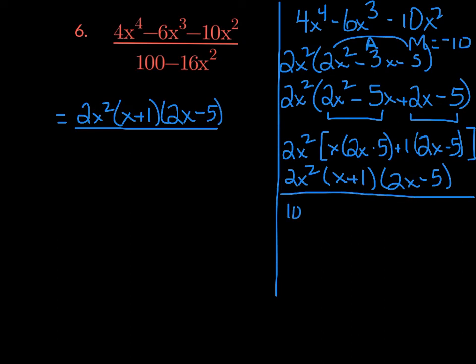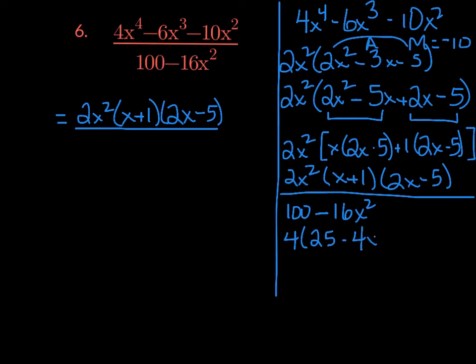So I've got 100 minus 16x squared. Well, I see that 100 and 16 are even, and I know that 4 goes into both of those. So I'm going to take a 4 out, and I'll get 25 minus 4x squared.